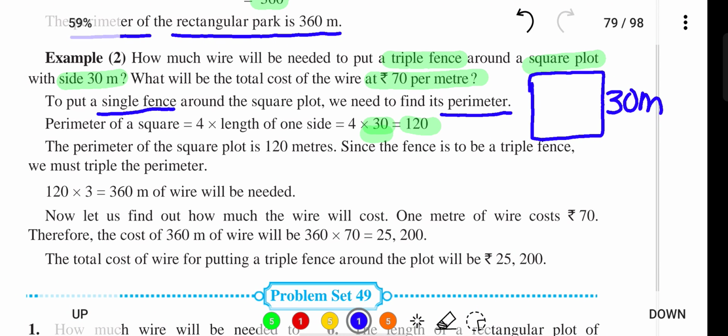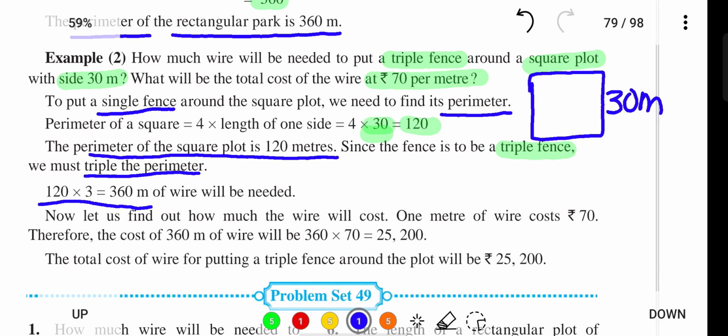The perimeter of the square plot is 120 meters. Since the fence is to be a triple fence, we must triple the perimeter. Now we multiply 120 into 3 is equal to 360 meter of wire will be needed.